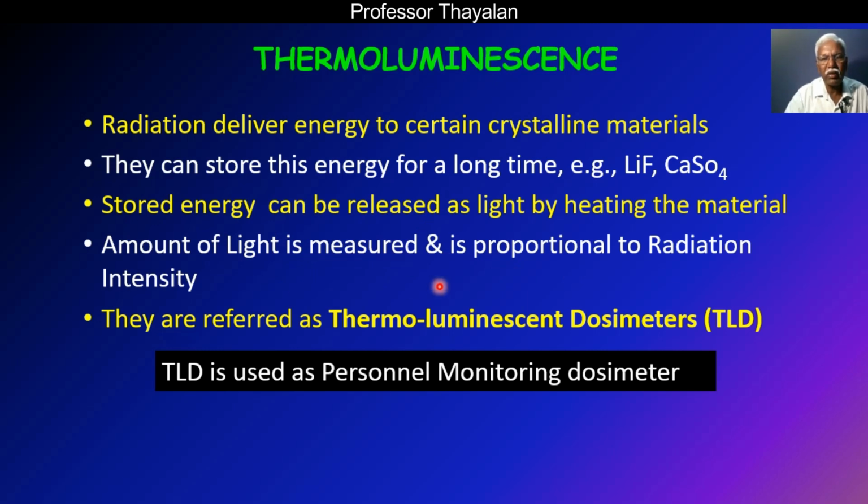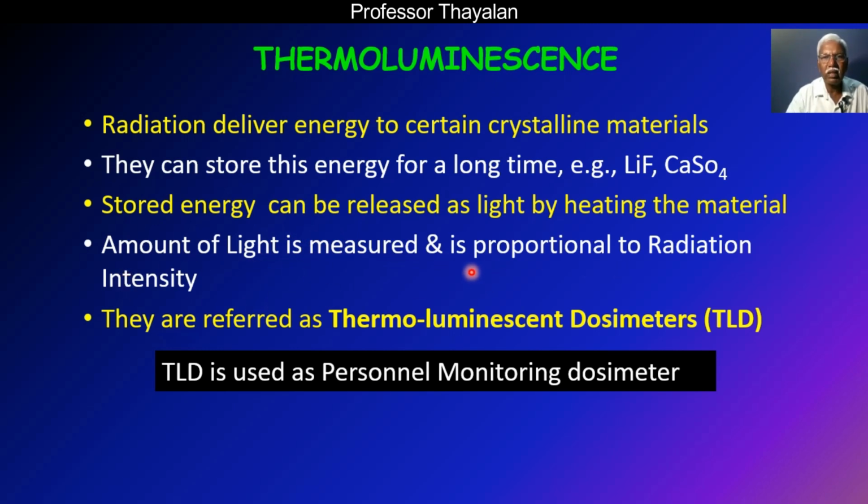So in short, you must take a crystal. The crystal should be exposed to radiation. The crystal stores the energy for a long time. Once you heat the crystal, it will release the stored energy, and the light is measured and is proportional to radiation intensity.